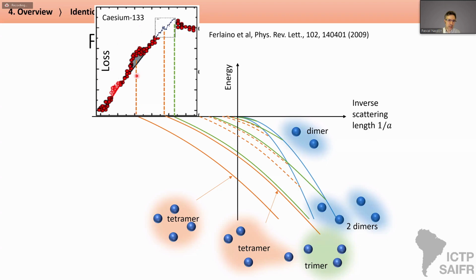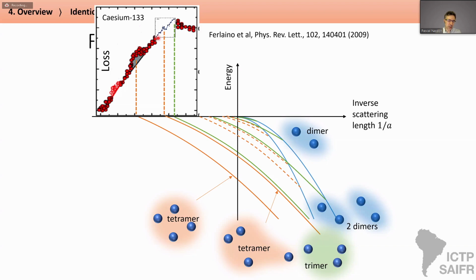So it's essentially the same technique and the same explanation: when you tune the scattering lengths and you are close to the appearance of these tetramer states, then you would have local enhancements of the loss, this time by 4-body recombination.